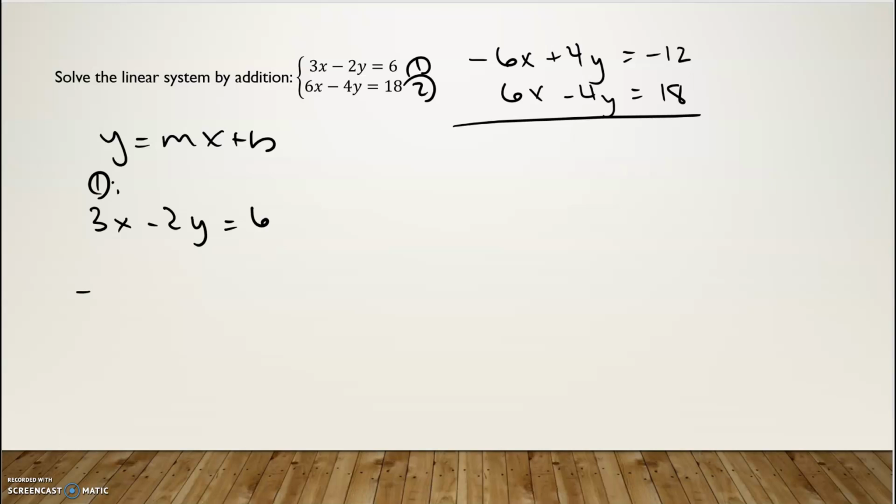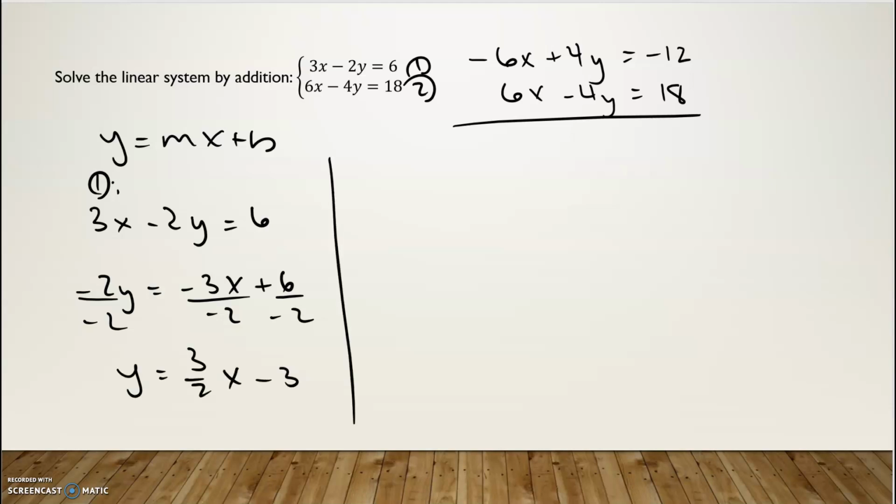I'm going to move the 3x to the other side, and then divide everybody by the negative 2. So that gives me 3 over 2x minus 3. We'll look at 2. 6x minus 4y is equal to 18.